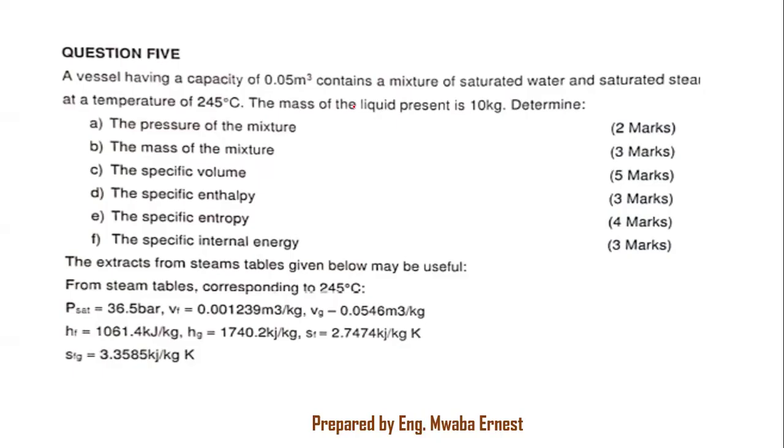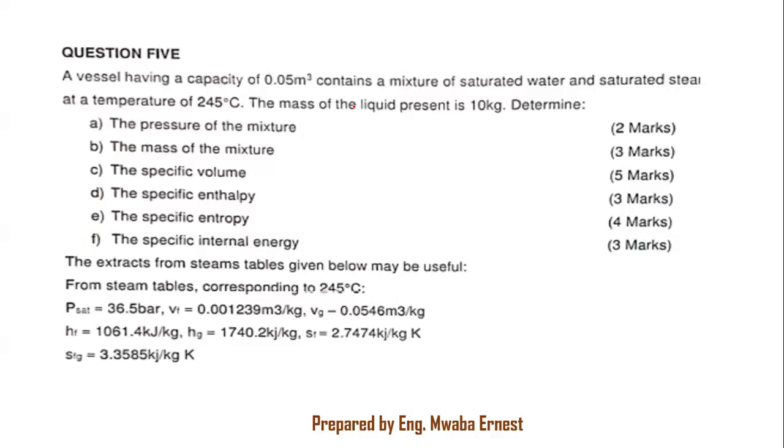The liquid, which is the water, has a mass of 10 kg. So we need to determine the pressure, the mass of the mixture, the specific volume, the specific enthalpy, the specific entropy, and the specific internal energy.